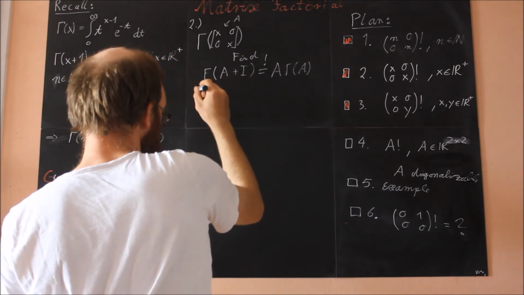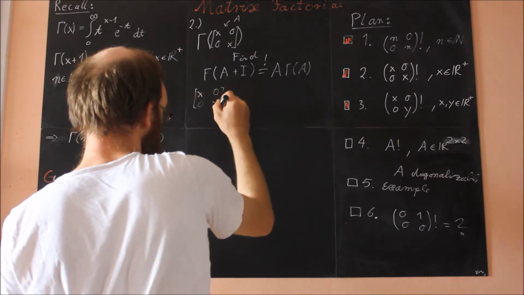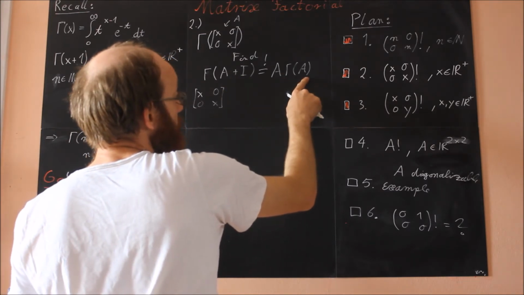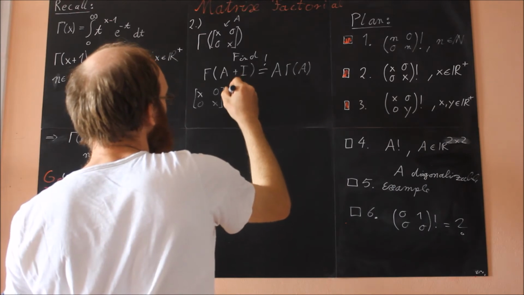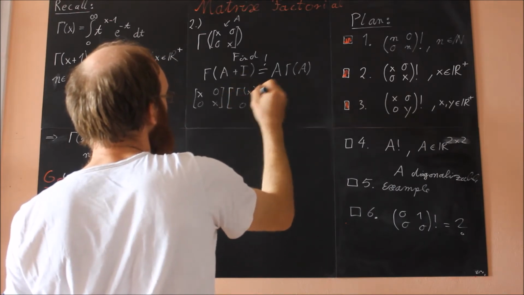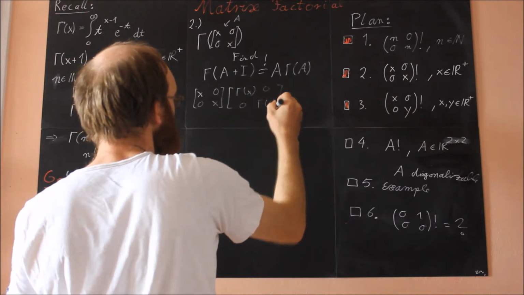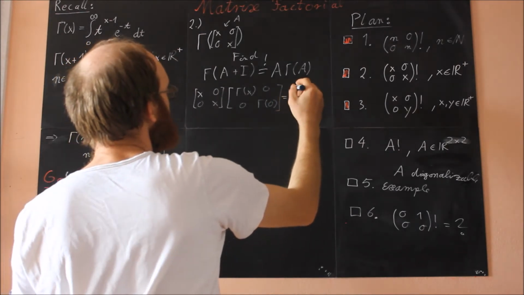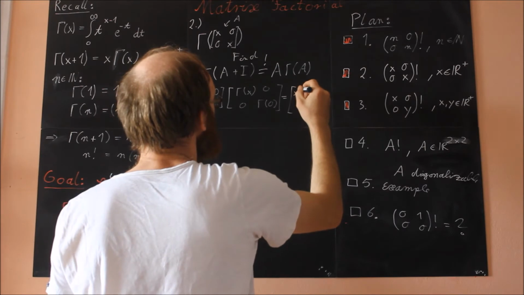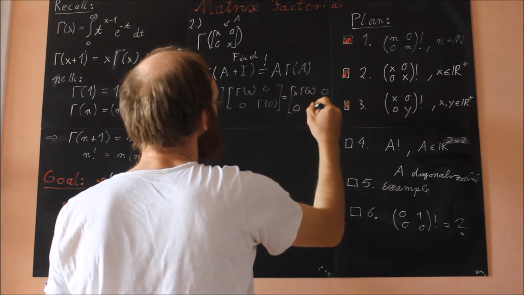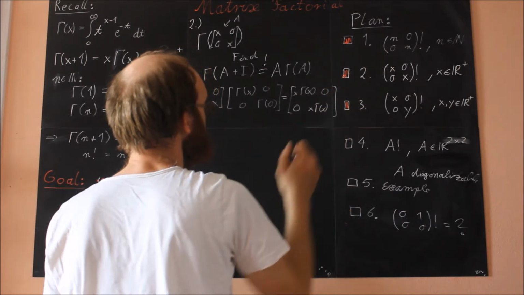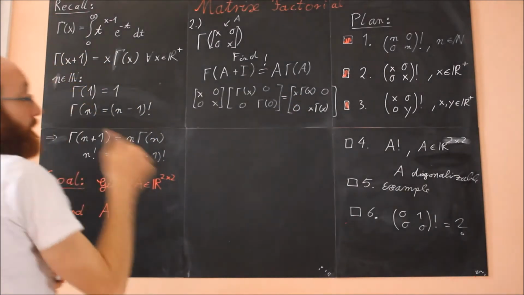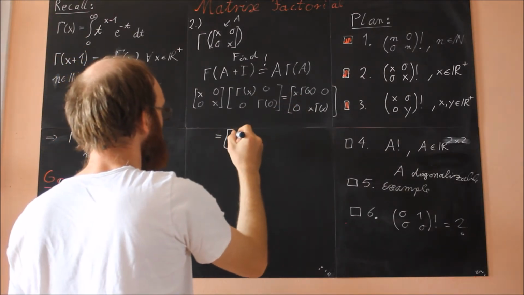If we have the matrix A and we multiply it with gamma of A, which is this matrix, we can easily check that we get x gamma of x, 0, 0, x gamma of x. Now x gamma of x is gamma of x plus 1.